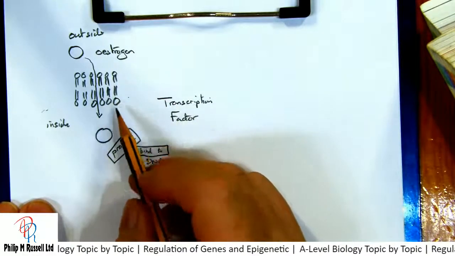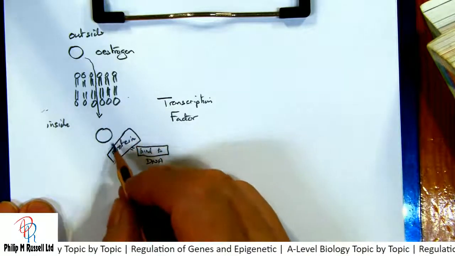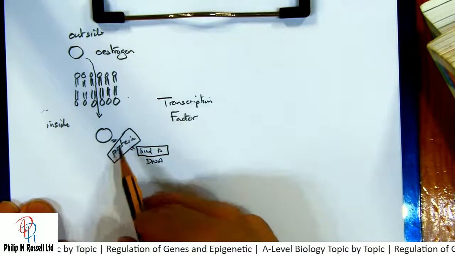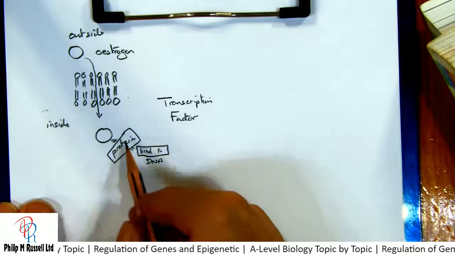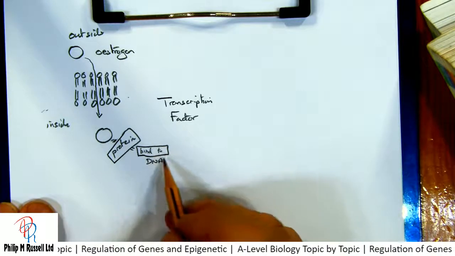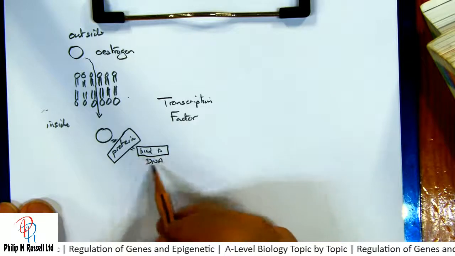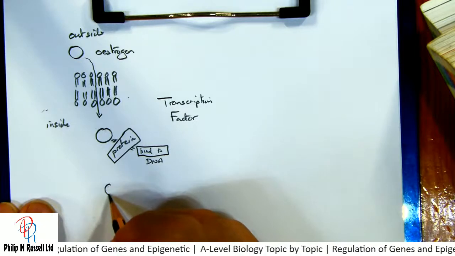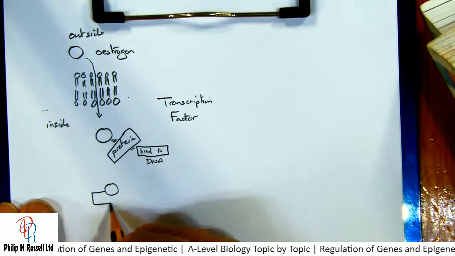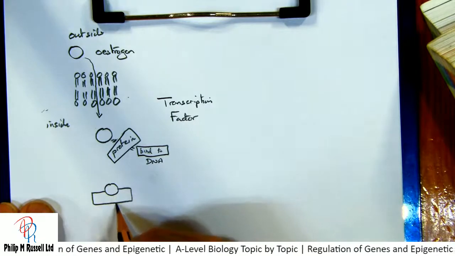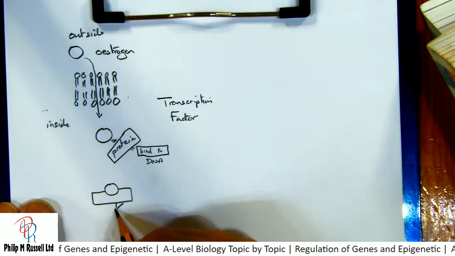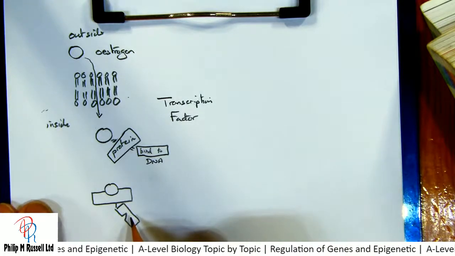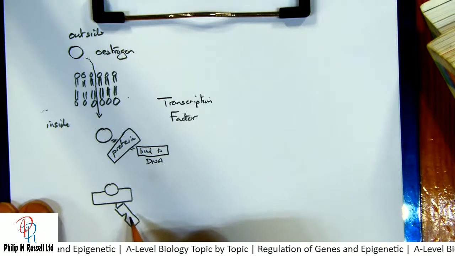So the estrogen here is going to bind to this protein, and as it does so, basically it's going to change the shape of this particular part of the molecule. So when the estrogen binds to the protein, it's going to change the shape here of the DNA binding site.